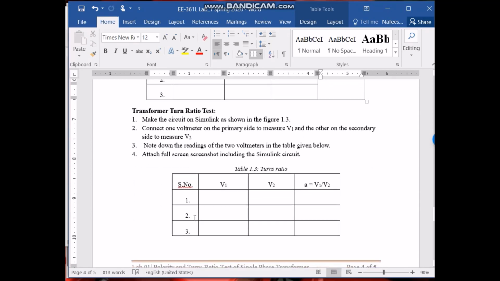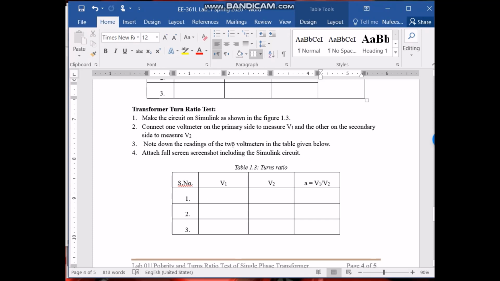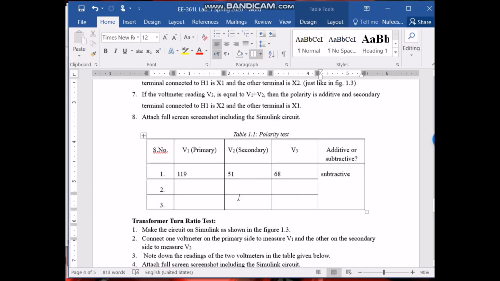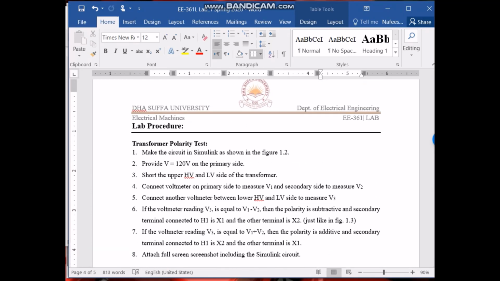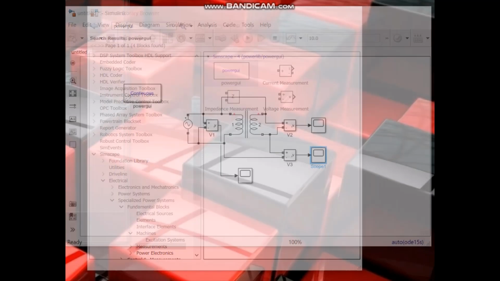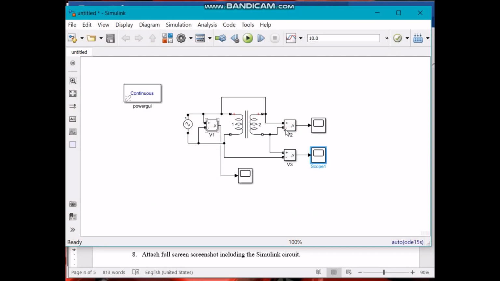Now we have to perform the turn ratio test. Turn ratio is basically V1 divided by V2, the voltage of the primary side divided by the voltage of the secondary side. So we need to make a simple circuit and measure the primary and secondary side voltage.